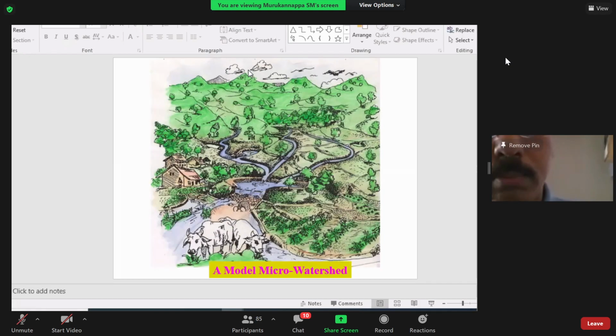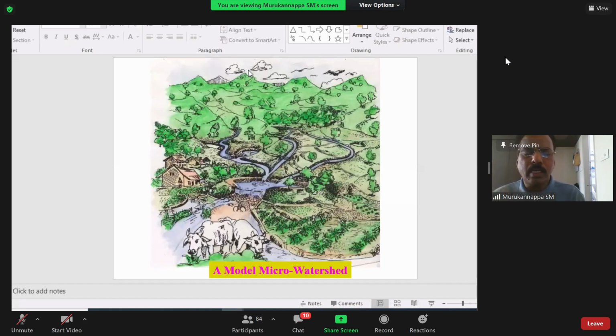Watershed means it is a catchment area, a geological entity. This area is bifurcated. How to bifurcate? You find the highest elevated points and mark them. Whatever rain falls in that particular area will drain to the downstream side of your selected catchment.